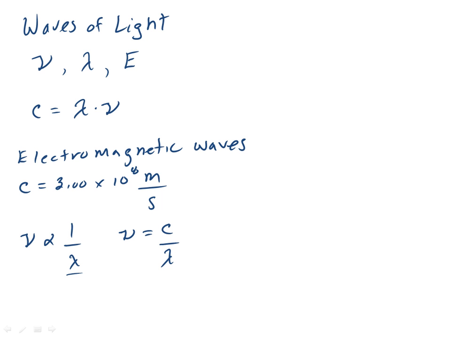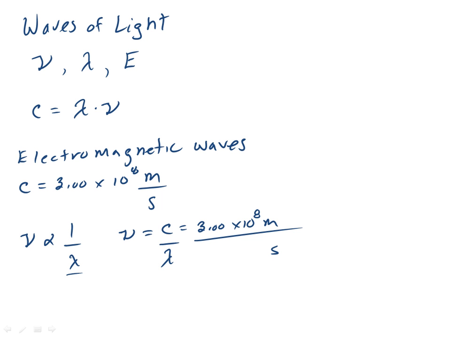And for our purposes, again, the speed is going to be equal to 3.00 times 10 to the 8th meters per second, since we're going to be dealing exclusively with electromagnetic radiation.